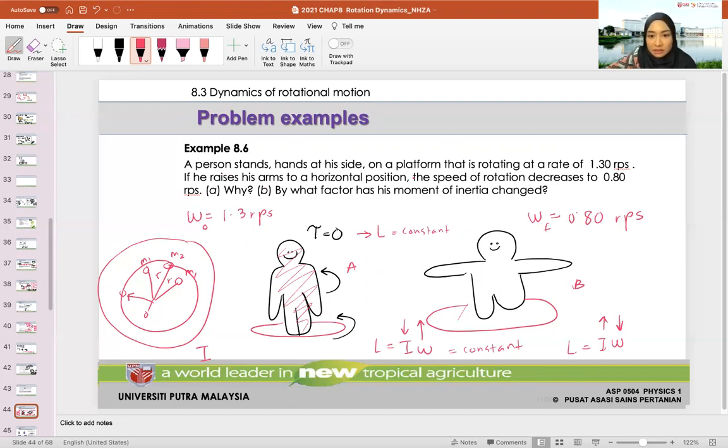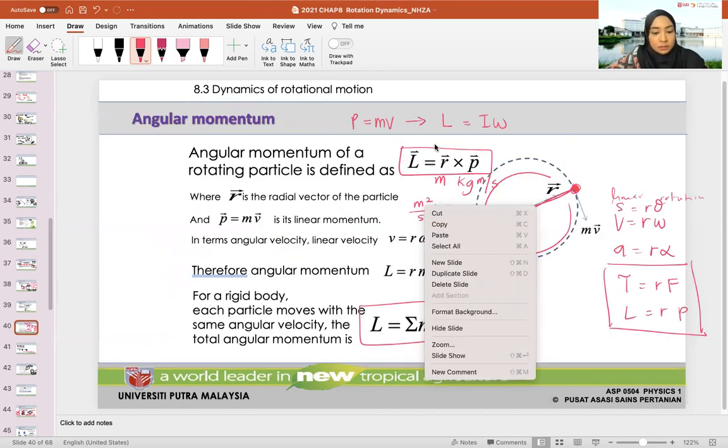A person stands with hands at his side on a platform that is rotating. If he raises his arms, the speed of rotation decreases to 0.8. Why? Because we are applying the conservation of angular momentum.